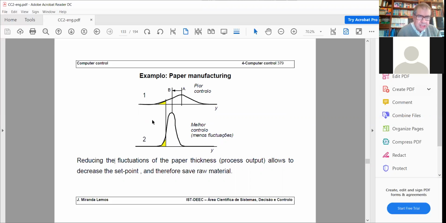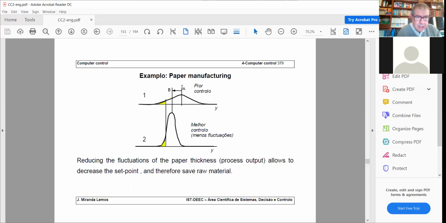Suppose that you are producing something like paper, okay? So when you say, I'm producing paper of 80 grams per square meter, you are not always producing paper of 80 grams per square meter, but sometimes you are a little bit below and sometimes a little bit above. So this horizontal line is the thickness of the paper, okay?